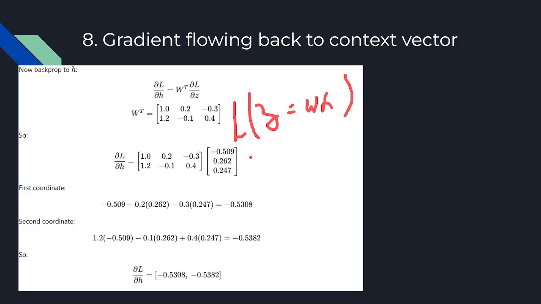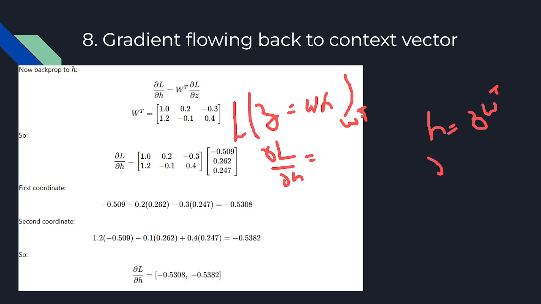And now we are trying to find out dou L by dou H, the partial derivative with respect to H. So H is equal to, we'll multiply both sides by weight transpose. Weight transpose into weight is 1, so this gives H on this particular side. The other side also we multiply Z by weight transpose. So we'll get H is equal to Z times weight transpose, or basically the logit times weight transpose.